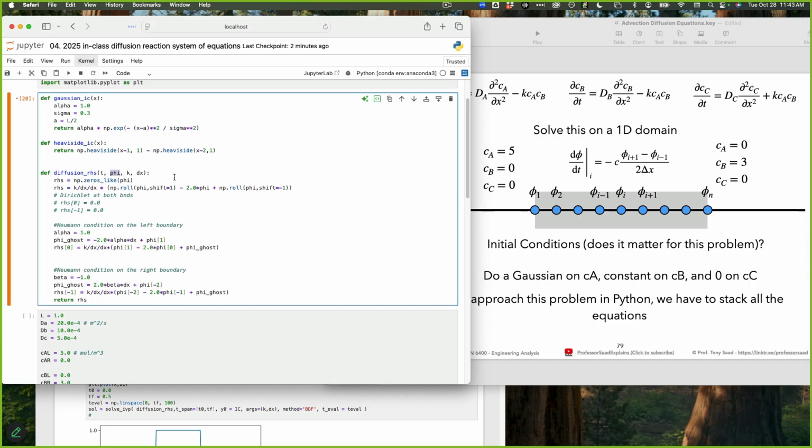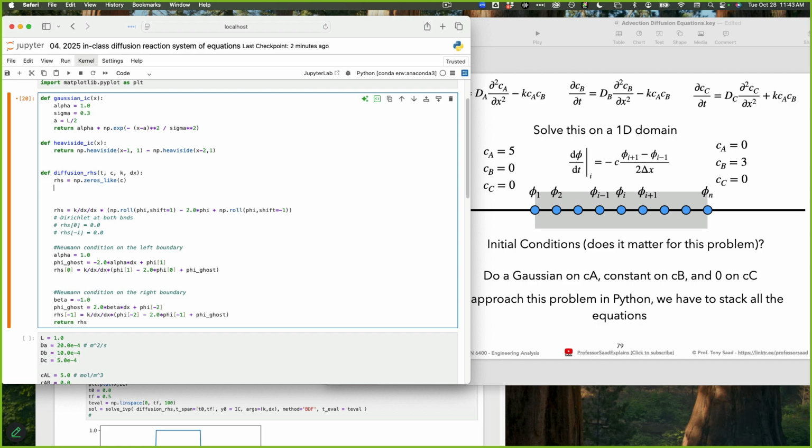Now, for the diffusion system, I'm going to have my phi value here. Let's call it C for concentration. So now C is a 1D array of size 3n, where n is the number of grid points.